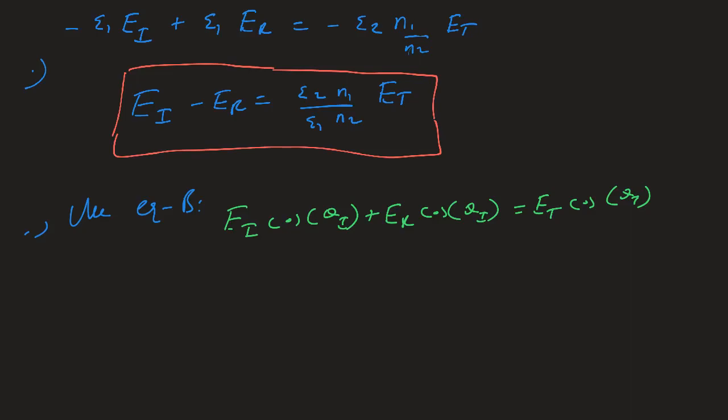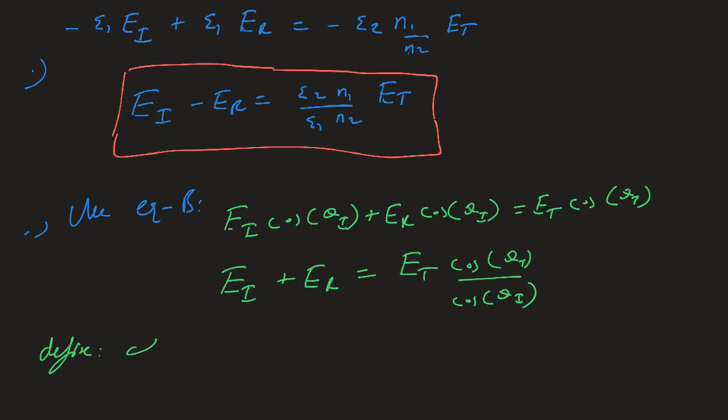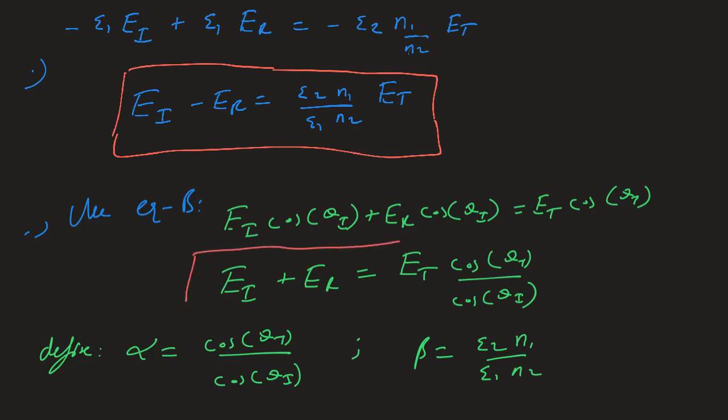Now if we use this equation, then we can basically write that EI plus ER is equal to ET cosine of theta t over cosine of theta I. Now if you define alpha to be equal to cosine of theta t over cosine of theta I, and if you define beta to be equal to epsilon 2 n1 over epsilon 1 n2, so this is our second equation.